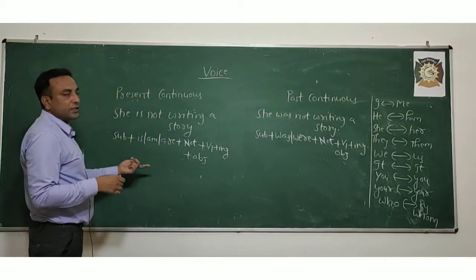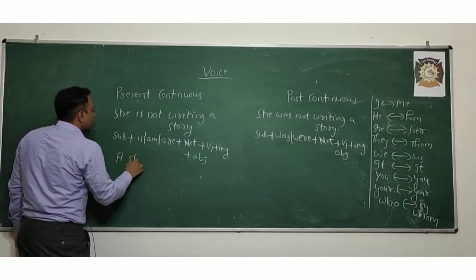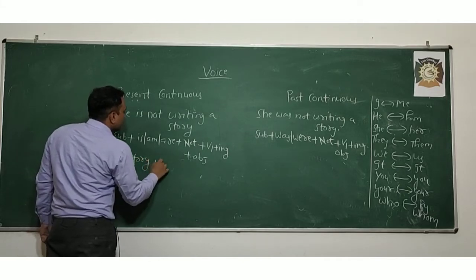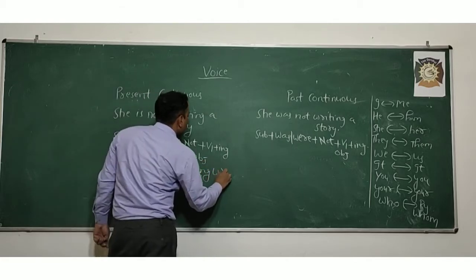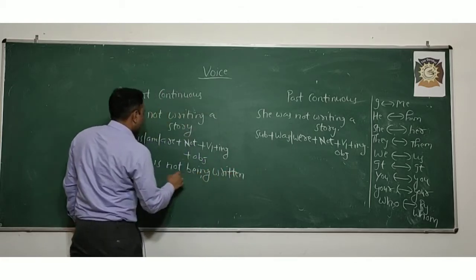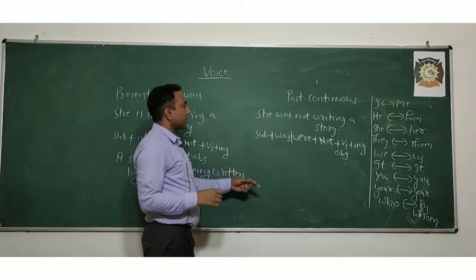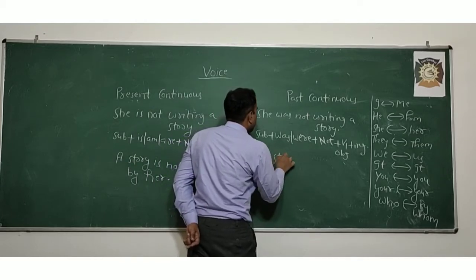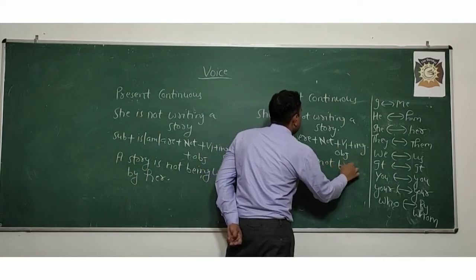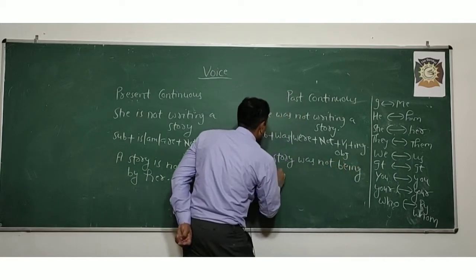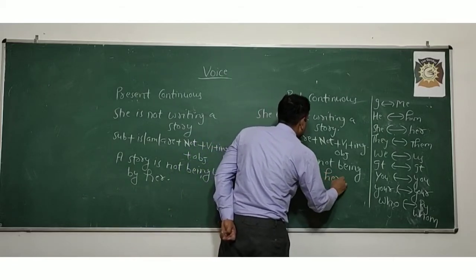When you will change the same sentence into passive, I will change only one sentence because I have already told you about this. So a story is not being written by her, full stop. Same is the case here. A story was not being written by her, full stop.